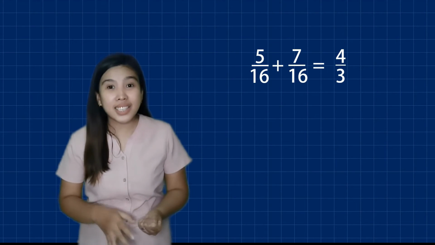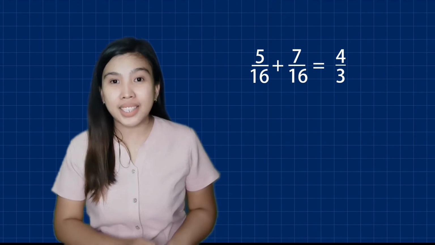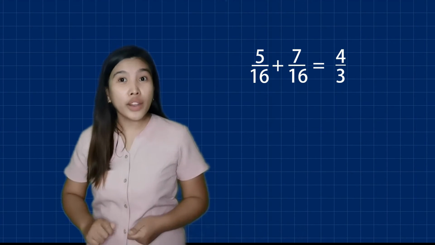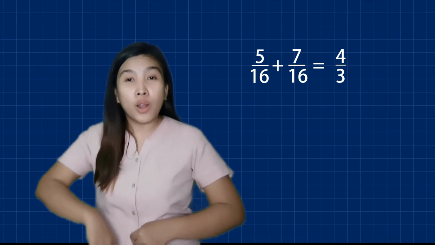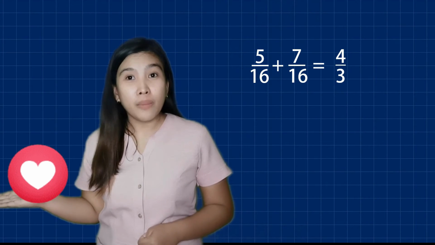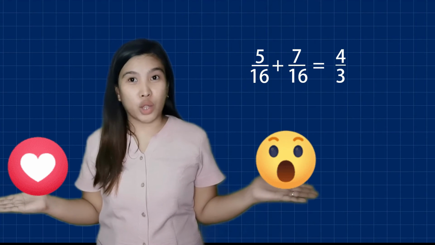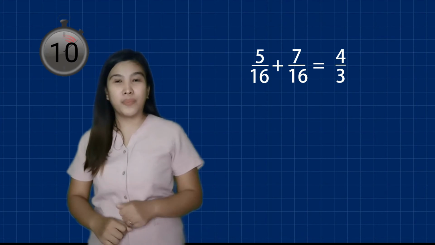Okay, we have number 3. We have 5/16 plus 7/16 is equal to 4/3. If the equation is correct, you're going to react on a heart button, or if it is not correct, react on a wow button. So timer starts now.